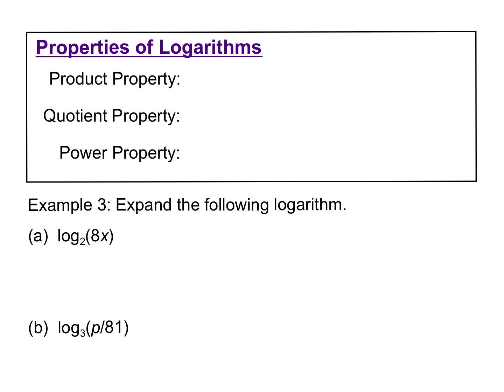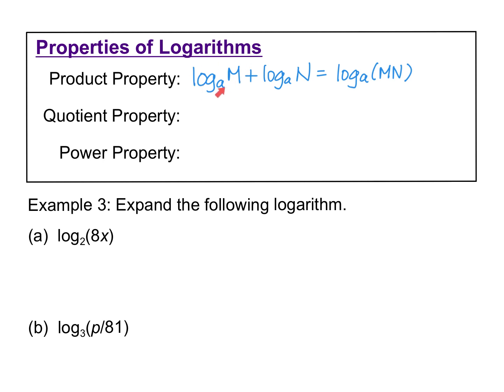Right before the break, you learned these 3 properties of logarithms. The product property says this: log base a of m plus log base a of n equals log base a of m times n.